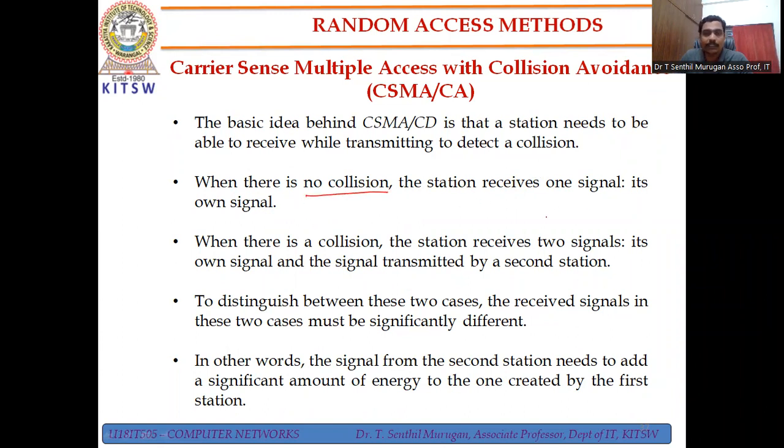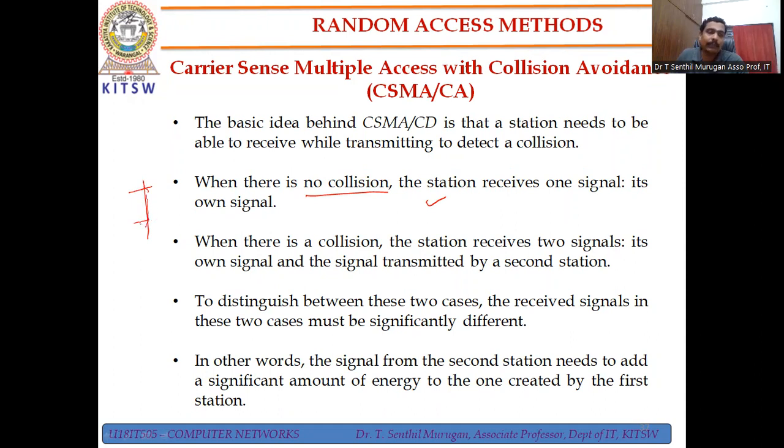In CSMA CD, it will identify whether a collision has occurred or not. When there is no collision, the session receives one signal, its own signal. When there is a collision, the session receives two signals. In the previous diagram we saw that within the transmission time the first signal is transmitted, so there is no collision.